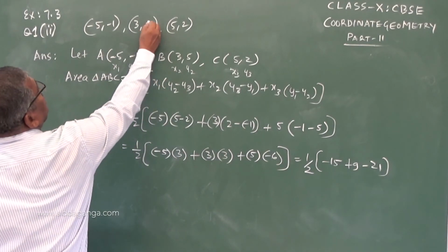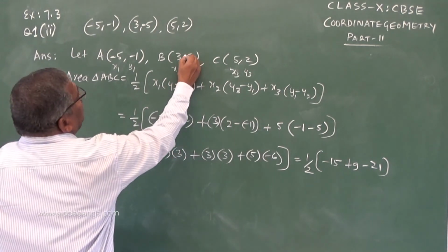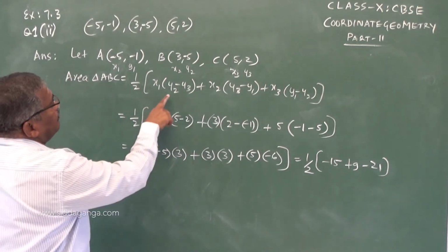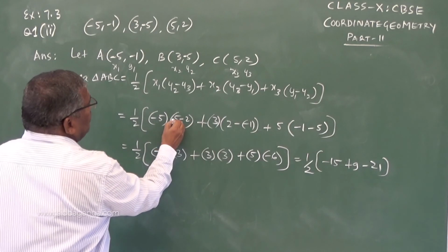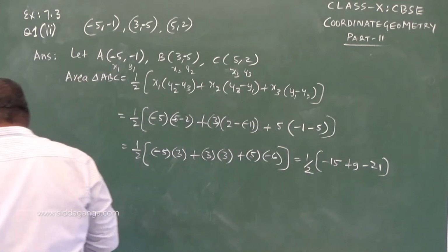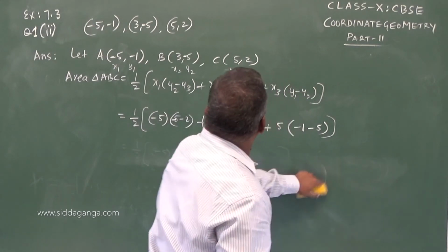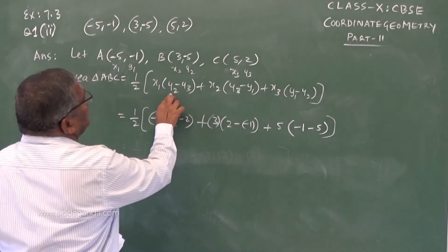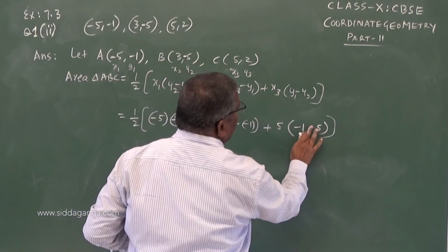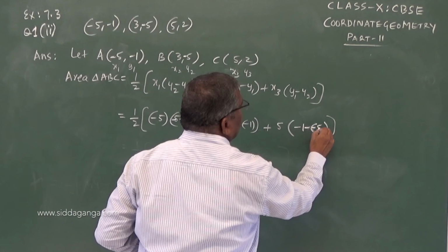I will make a small correction. The value given is minus 5 here. I'm sorry, this is minus 5. Wherever y2 is there, y2 is minus 5. I will change this line. And y2 is here, minus of minus 5 we will get.